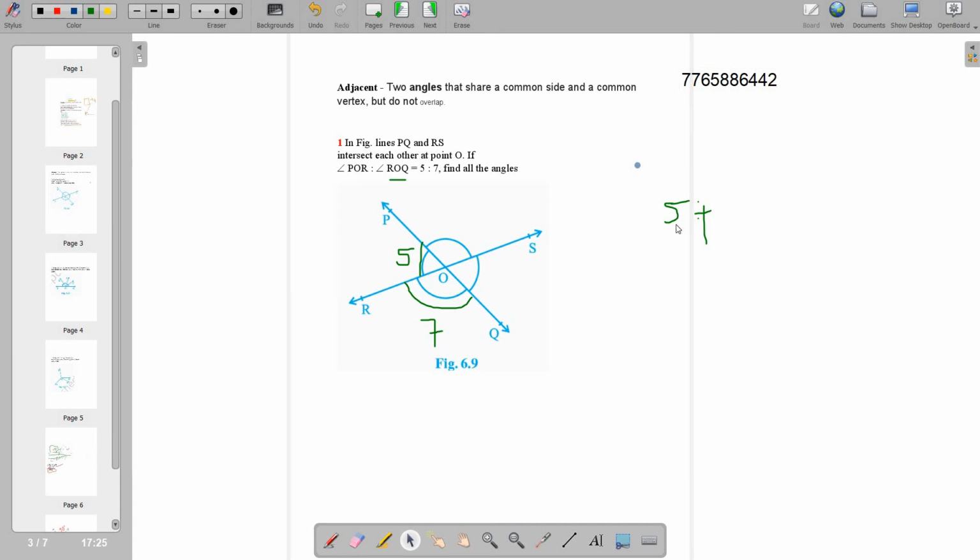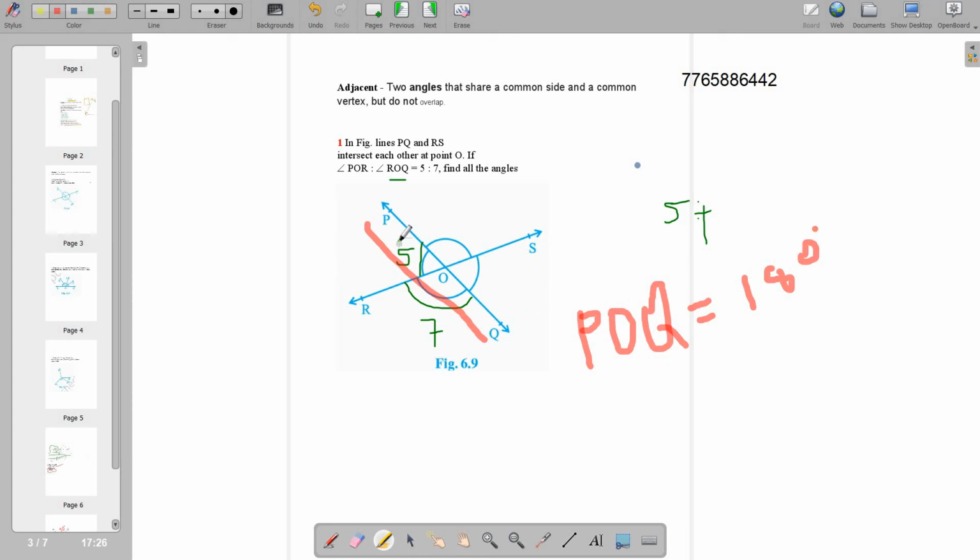Let us see. In this question we are seeing that POQ is a straight line. What is the POQ? POQ is a straight line, and its angle is 180 degrees.